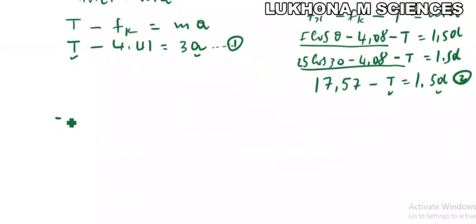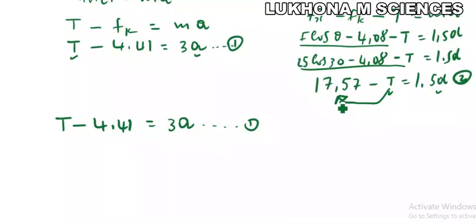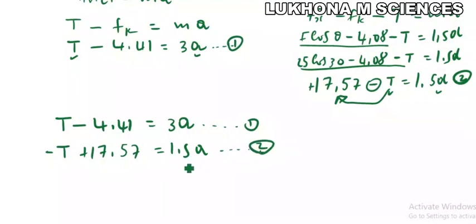So we have equation 1, which is T minus 4,41, which is equal to 3a. That is the first equation. Then for the second equation, let's make sure that T is the first term, so it's minus T because the T is negative here. Then this one is positive, therefore plus 17,57, which is equal to 1,5a. That is equation 2.